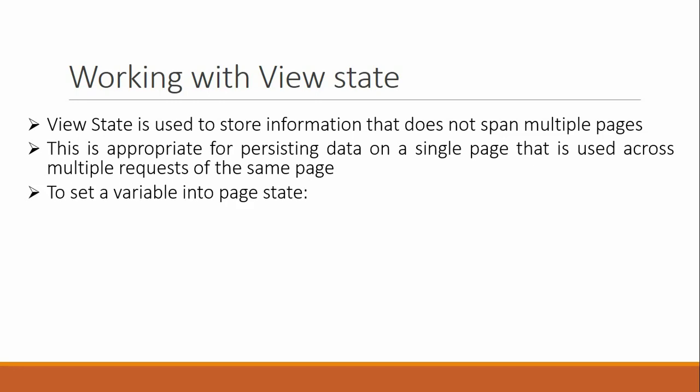And to set a variable into a page state, if you want to use something only within a particular page, then your code is going to be very simple. All these states, view state, session state, application state, all three are understood like an array, an associative array. I guess those who have studied PHP will remember this word. What do you mean by an associative array?